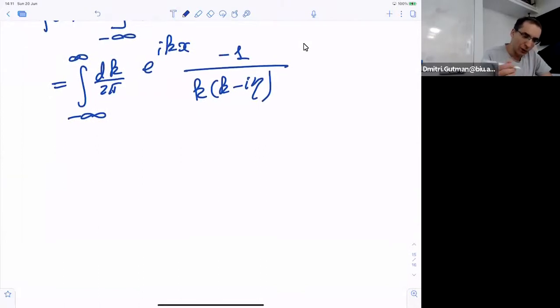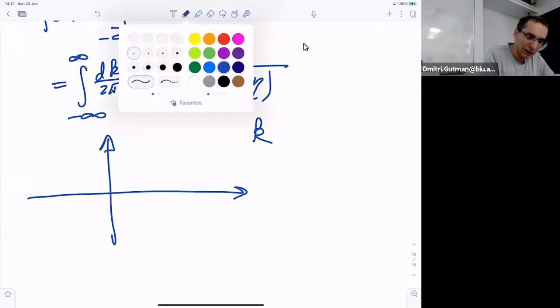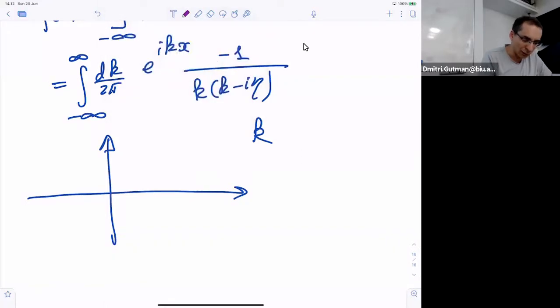Okay, so now we know by heart how we compute these integrals. We draw a complex plane, and this is the complex plane of k. And now we need to do two things. We know that we have something that looks almost like a closed contour.